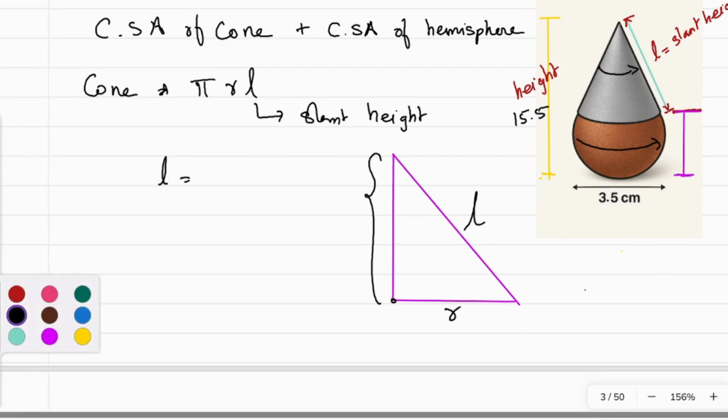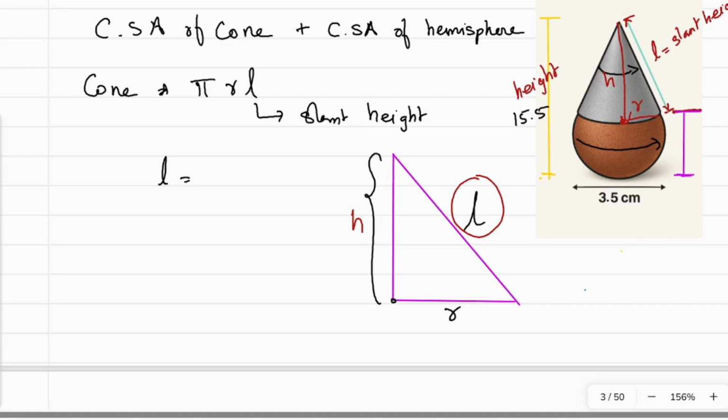That means if I draw a line like this, you can see this is the radius, this is the slant height, and this is the height of the cone, right? L is like the hypotenuse, and this is h. So how can I calculate this? L square equal to h square plus r square. Therefore L equal to root of h square plus r square, right?